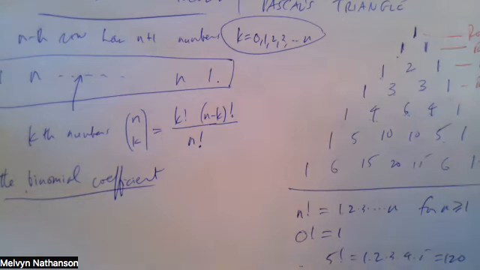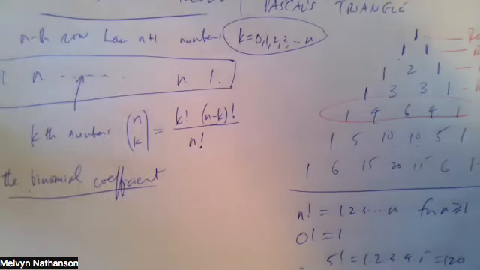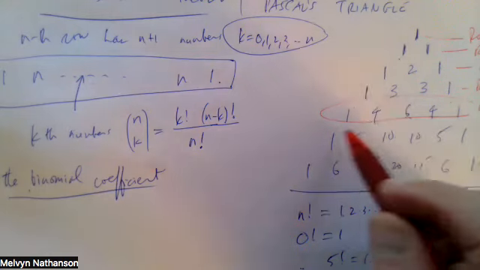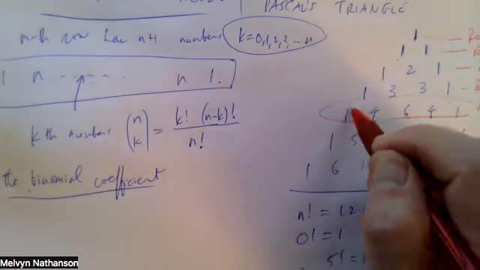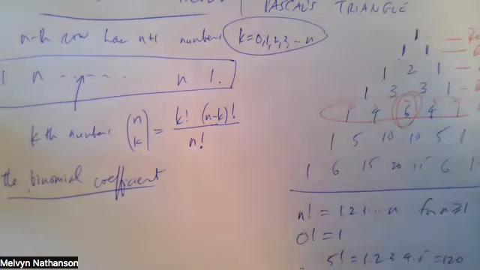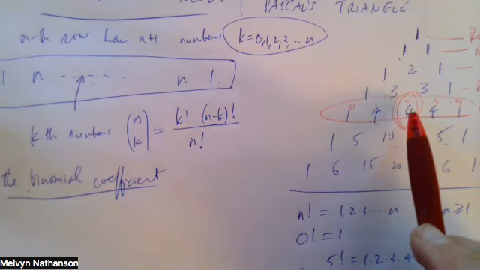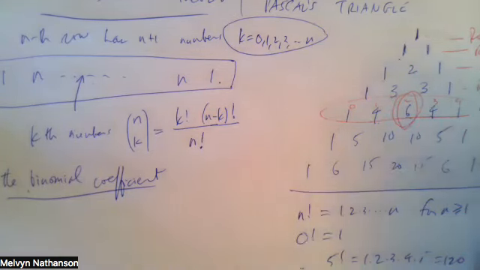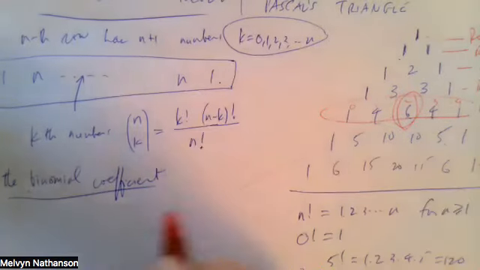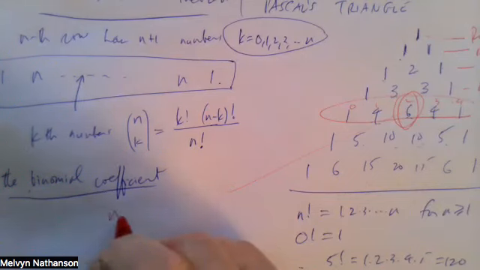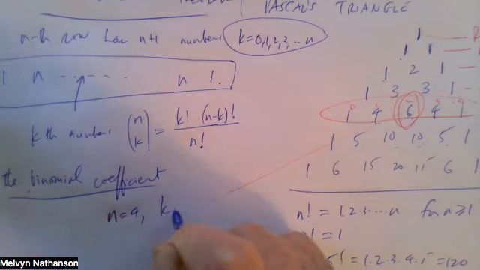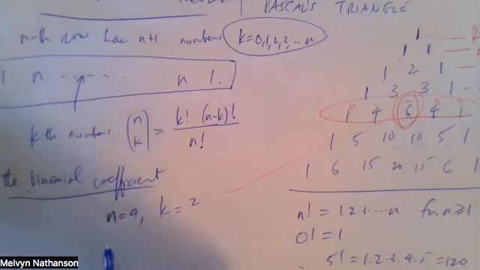So for example, if we look at this row, this is row 4, and there are 5 numbers as you go across. This is the 0, 1st, 2nd, 3rd, and 4th. So this number is entry 2 in row 4. So for this number, we are in row 4, and the entry k is equal to 2.